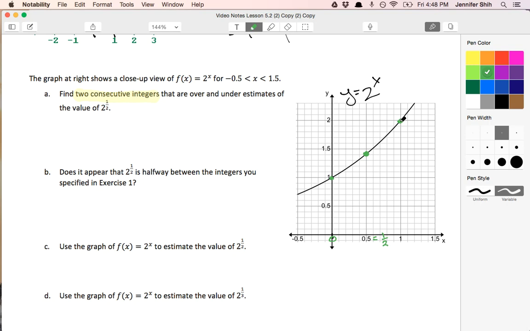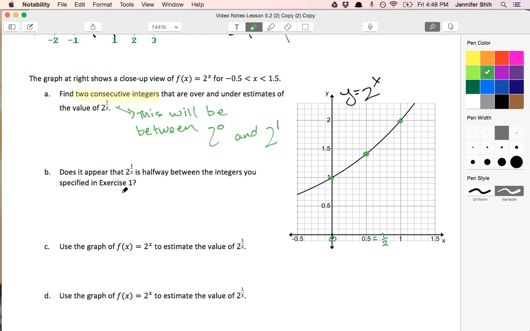For the overestimate, looking at the y value, it is 1. So 2^(1/2) is going to fall between 2^0 and 2^1.